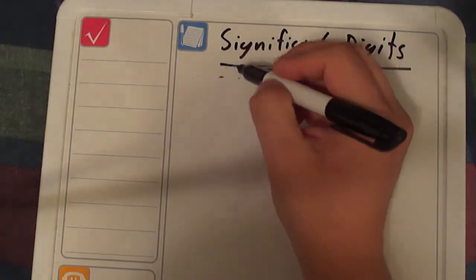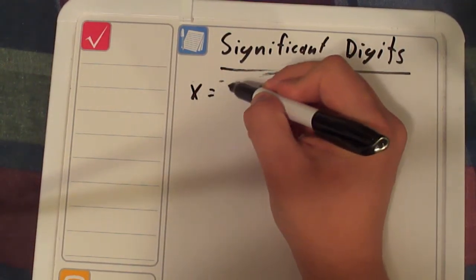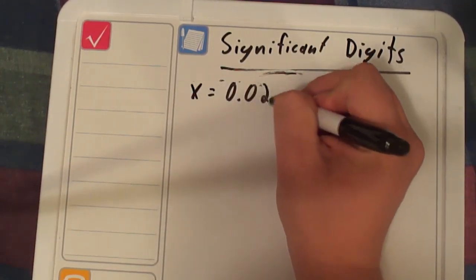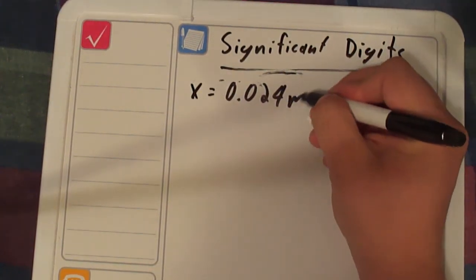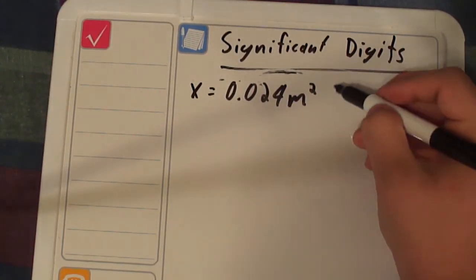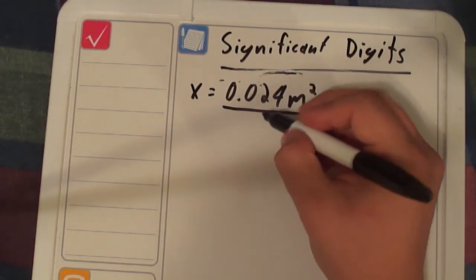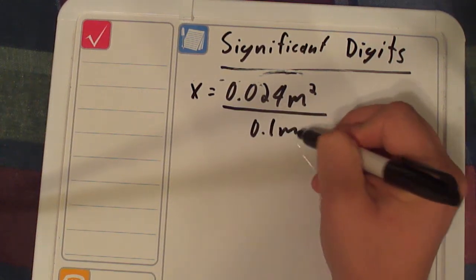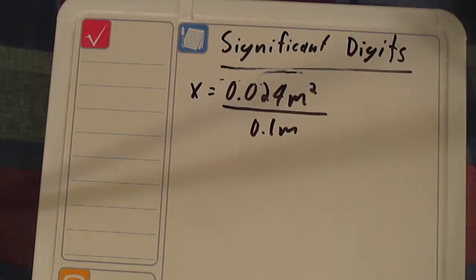So do x equals 0.024 meters squared over 0.1 meter. This is something that will become very, very important in math and physics, is this unit. And as well, it's a variable.